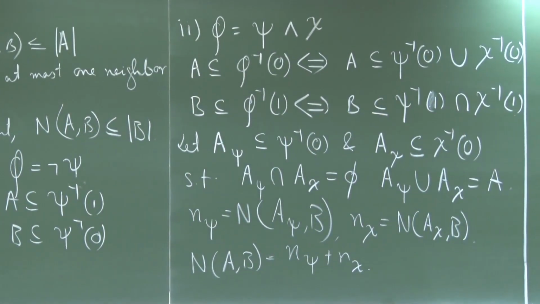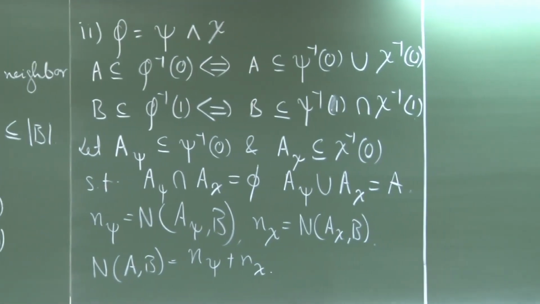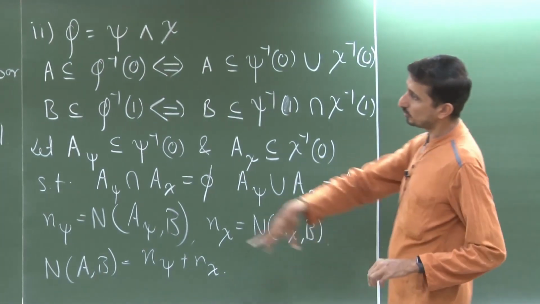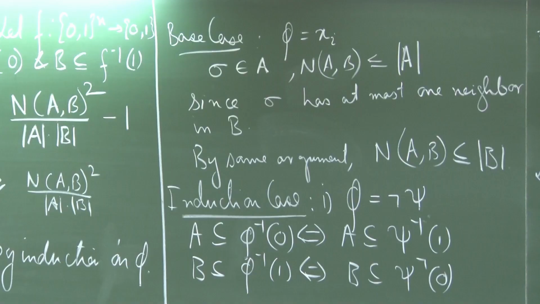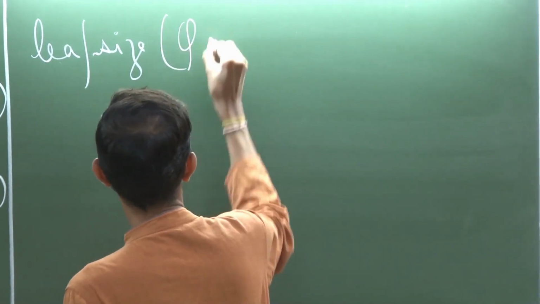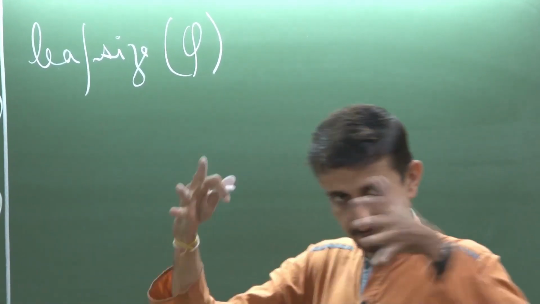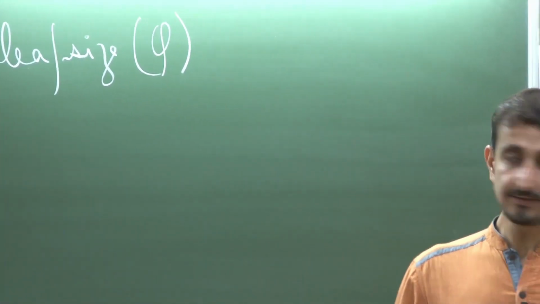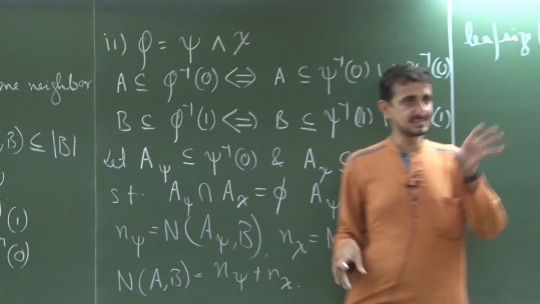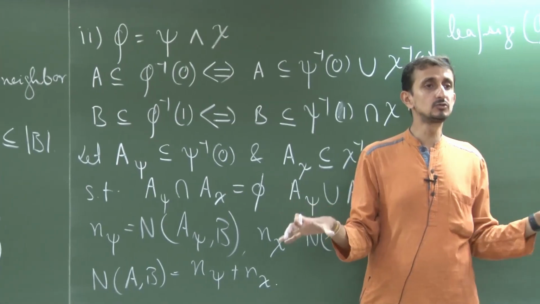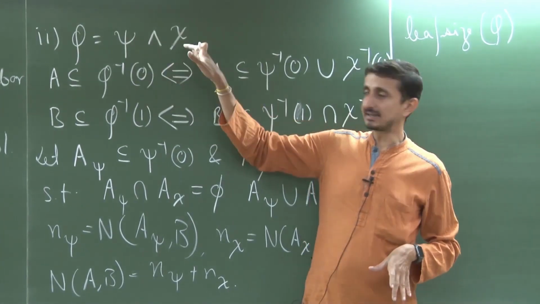Okay. So, now we have established the notation, now we can get to the proof. So, what do we want to prove? We want to prove that leaf size of phi is greater than this. So, let us take this: leaf size of phi. Phi is a formula which means it is a tree, and the formula has an AND gate at the top and there are two sub formulas, psi and chi.